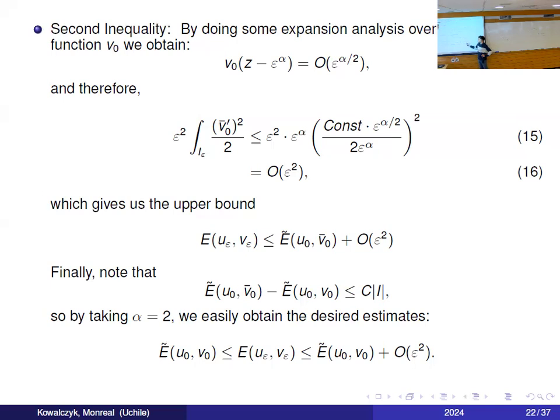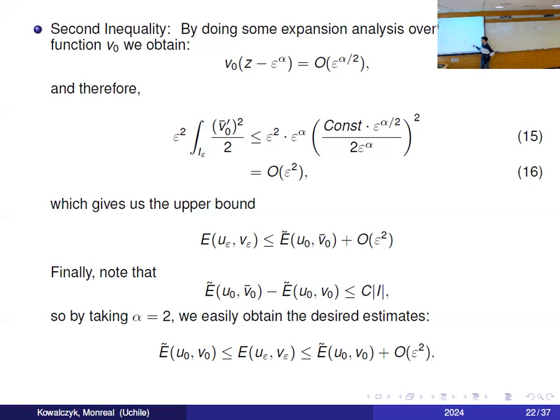But for the other one, we can note that if we have this difference between the bar and with no bar, U0 is the same, and all the terms here are proportional to V0, not the derivative of V0, nothing like that, just V0.